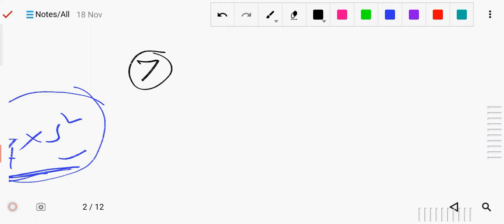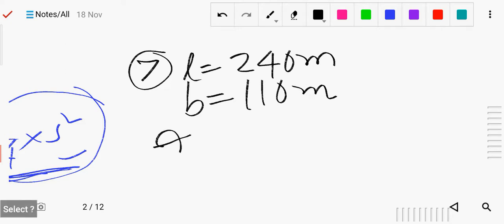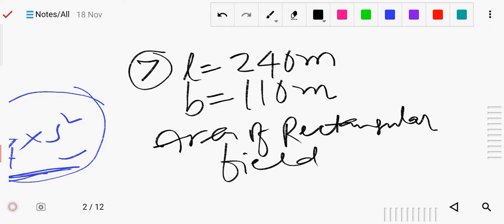So here, L is given, 240 meter, and the breadth is also given, which is 110 meter. So you have to find the area. You can write the area of the rectangular field. What is the area of a rectangular field?